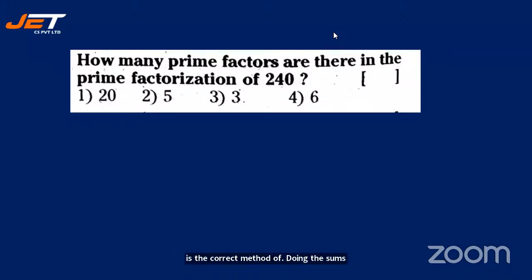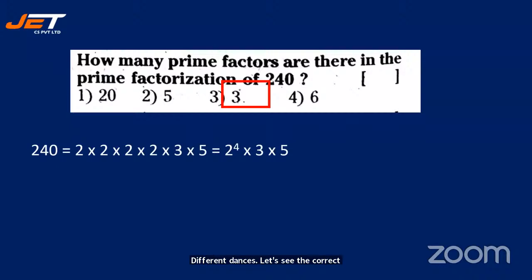All right. Of course, I'm giving you 45 seconds to give me your answer. Okay. All right. So many have given different answers. Let's see. The correct answer is 3. Yes. How?